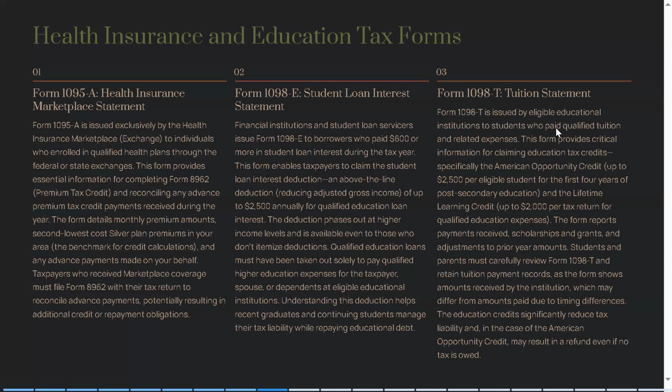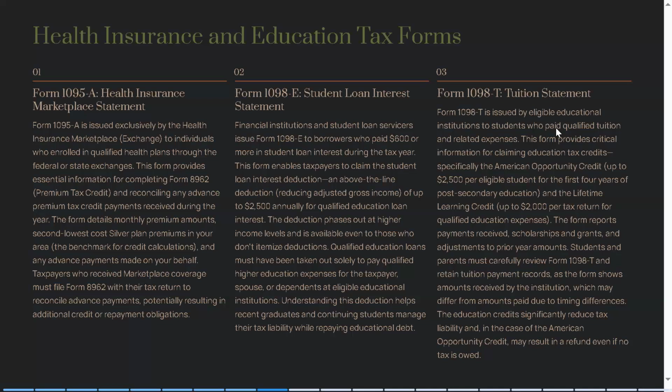But the 1095-A is significant. So we have 1095-A, 1095-B, 1095-C. The other 1095s are provided by employers. We don't have to plug that information in. The 1095-A is a tax credit.